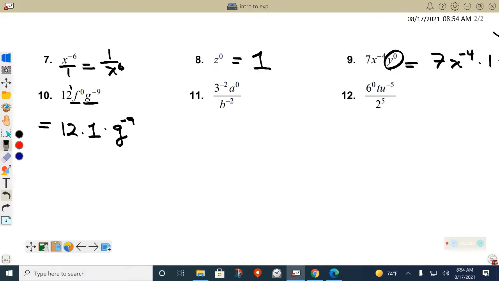So 12 times 1, that's elementary school, 12 times 1 is 12. So I got 12 times g to the negative 9th. And now I'm going to do exactly what I did with example 9. Let me take the g to the 9th power and use the negative exponent rule. This is really 12 times 1 over g to the positive 9th power, yeah?